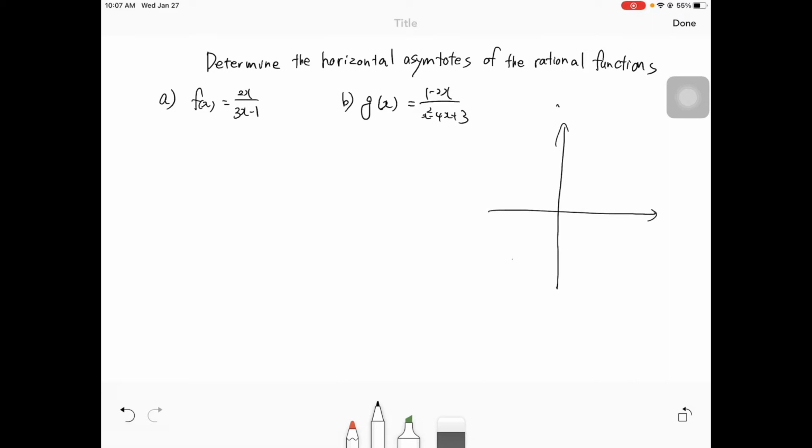Let me sketch the graph like this. The graph is like that. When x is really big, the y value is getting close to 0, but it never crosses the x-axis.